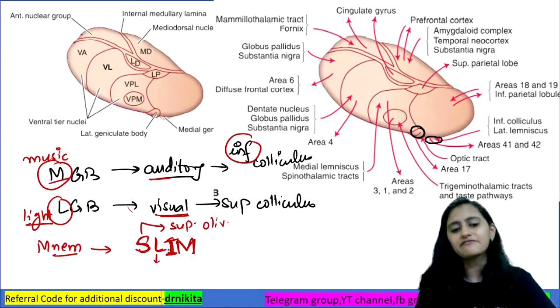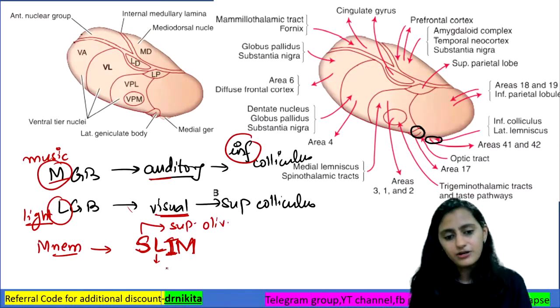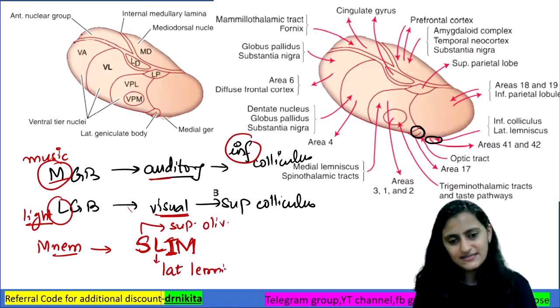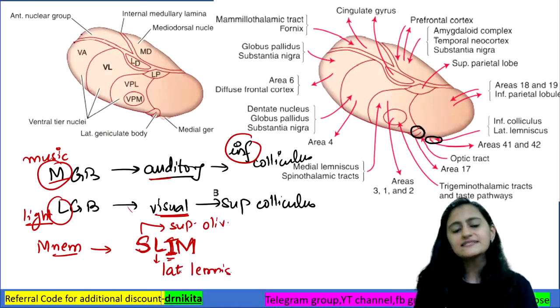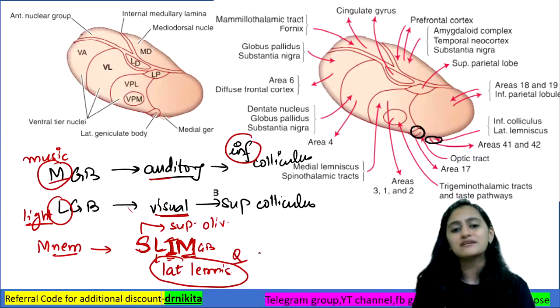What does L stand for? Lateral lemniscus. Then is your inferior colliculus and then is your medial geniculate body. So please make a note of this here that it is lateral lemniscus.